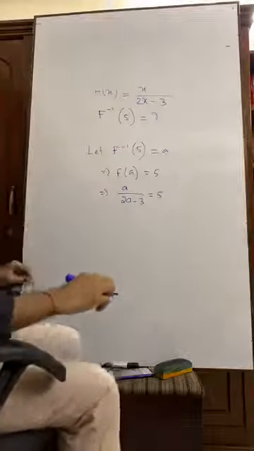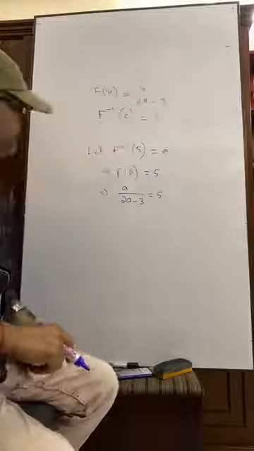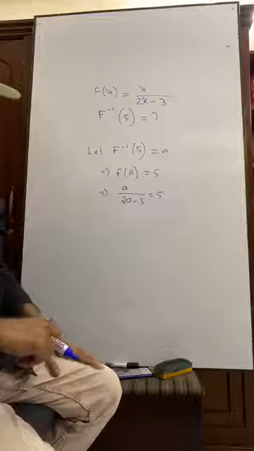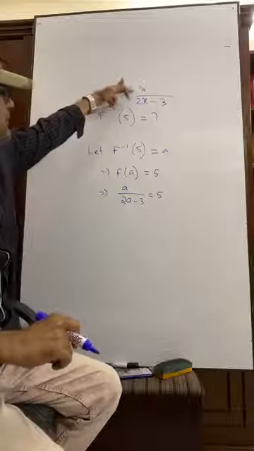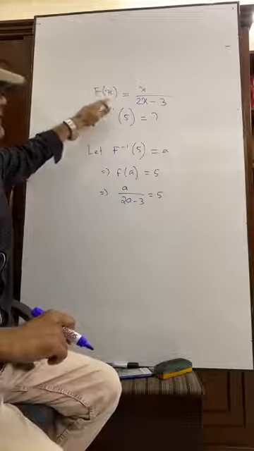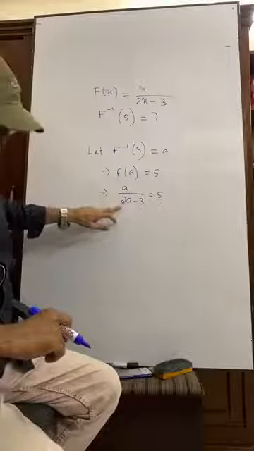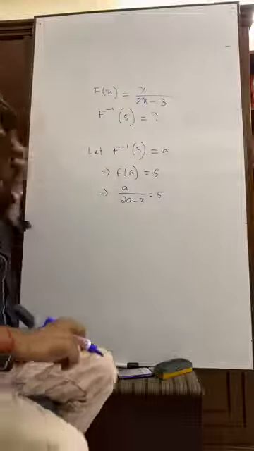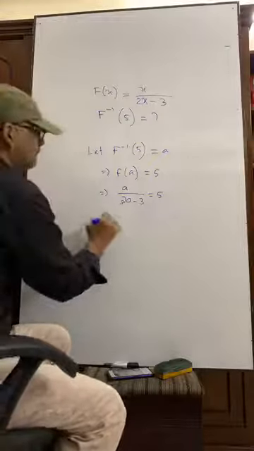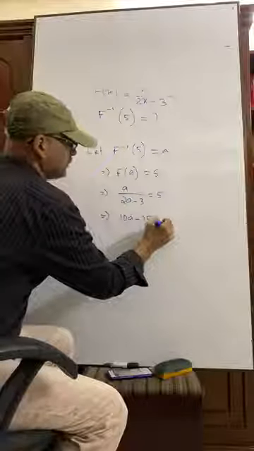Have you seen? For x it is x by 2x minus 3. So for a, f of a is equal to a by 2a minus 3. So 5 times (2a minus 3), that is 10a minus 15, equals a.